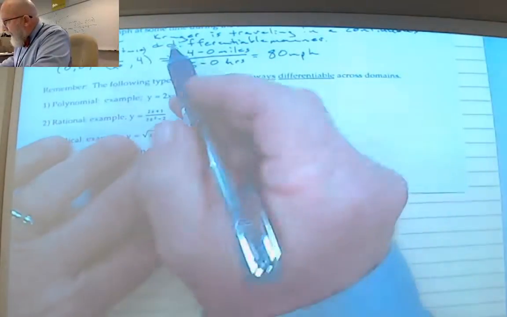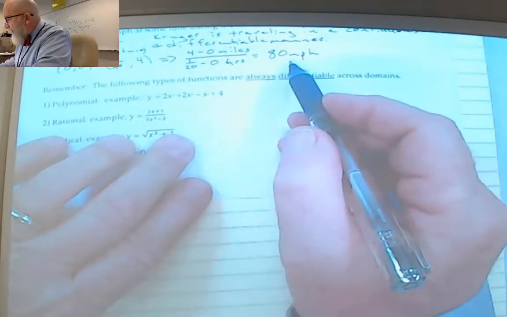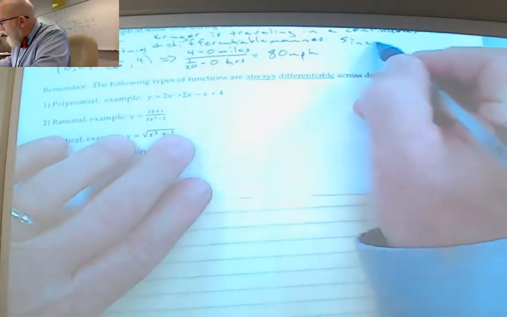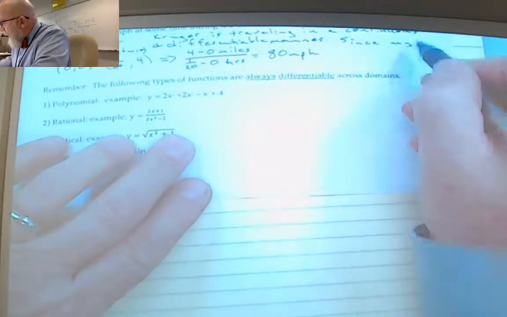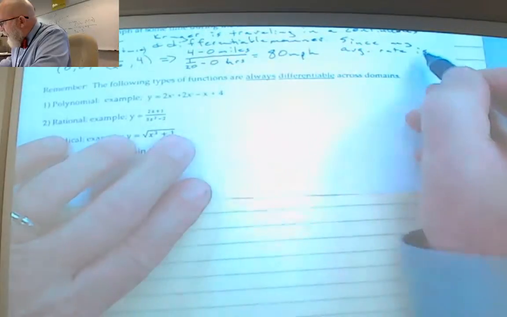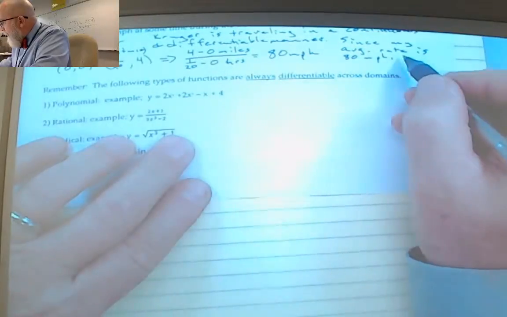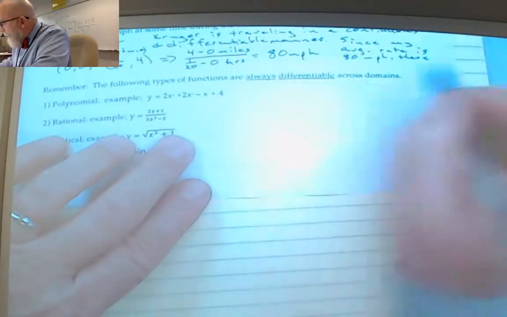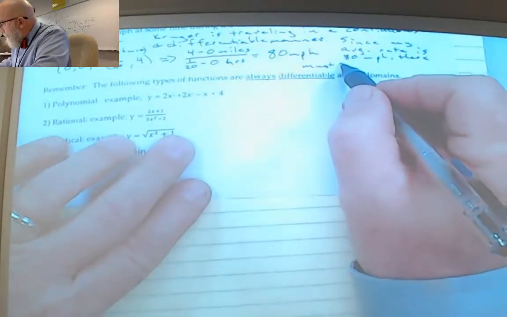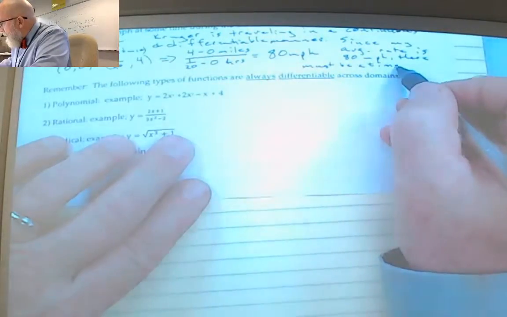So, because I'm traveling in a continuous and differentiable manner, and my average rate is 80 miles per hour, there must be a time t.